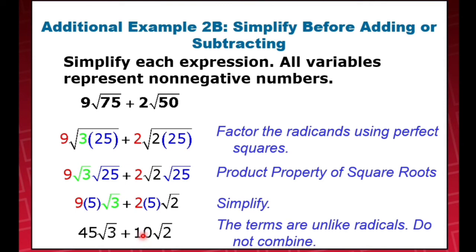Take note, we have here square root of 3, and here we have square root of 2. By simply looking at these two terms, or by simply looking at the two radicals, we can say that they are unlike radicals. So since they are unlike radicals, we cannot combine them anymore. Okay?